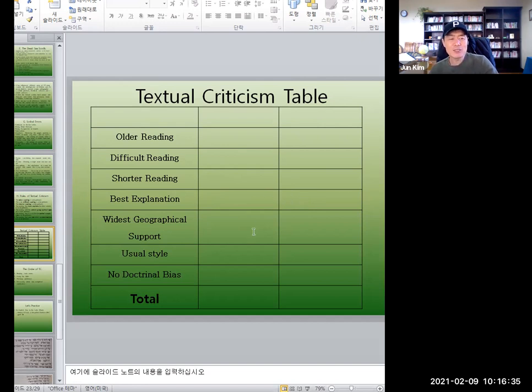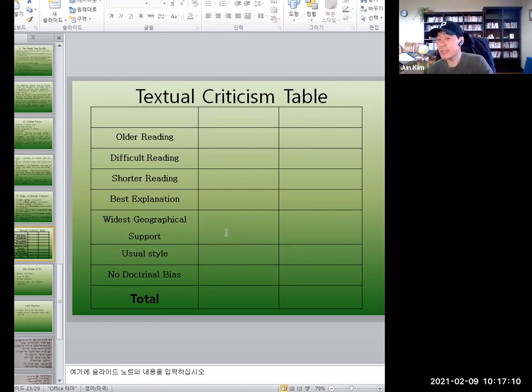What about geographical support? This variant reading is supported by only two, the Septuagint and Vulgate, and I can see that the other manuscripts support BHS. If you have many manuscripts, marked ML and MSS, many manuscripts, then you can support that idea and give the mark to the variant reading.